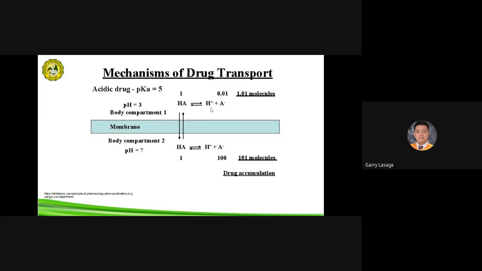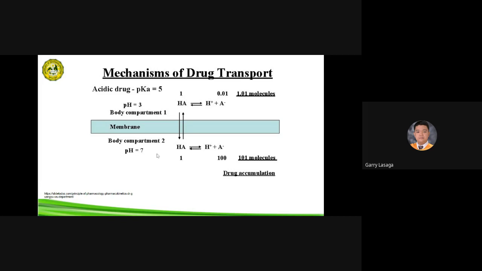So when we put an acidic drug with a pKa of 5 in an acidic environment, what will happen is the unionized form of the drug will predominate. We have here 1 compared to 0.01 of the ionized form. So ibig sabihin, in this particular environment, the acidic drug becomes unionized or unprotonated.